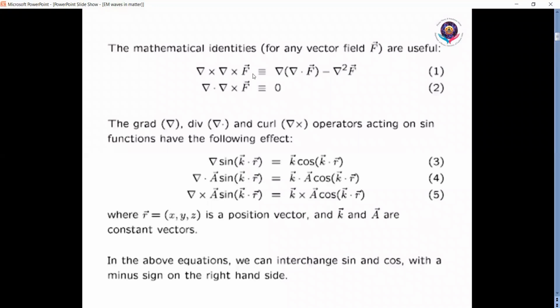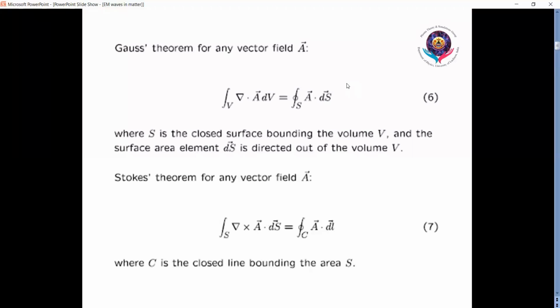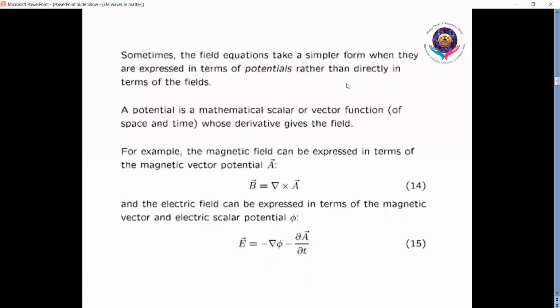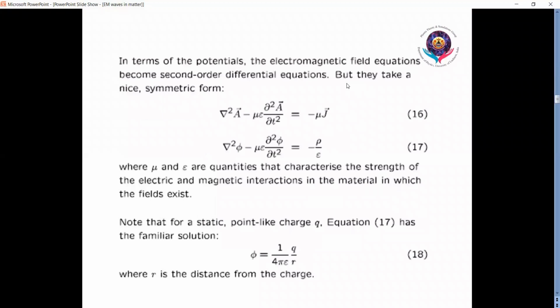So this term will become 0 in our case, and only the second term will remain. This is that second term, and this is the term from the right hand side. So we get these two coupled equations.